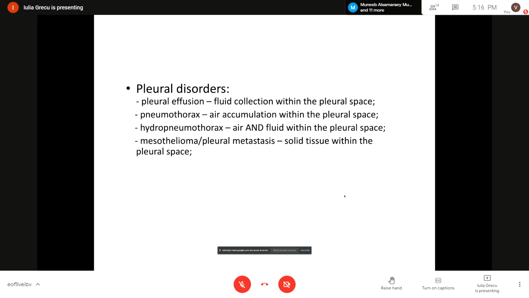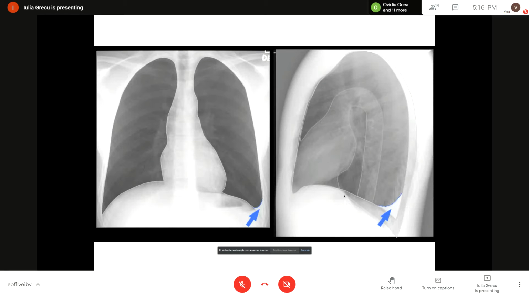There are some other causes somewhere along the slides. I will list all of them, but these are the main subjects. Starting with what I think is the most simple condition, the pleural effusion, its appearance is dependent on the quantity of fluid that we have between the pleural layers.